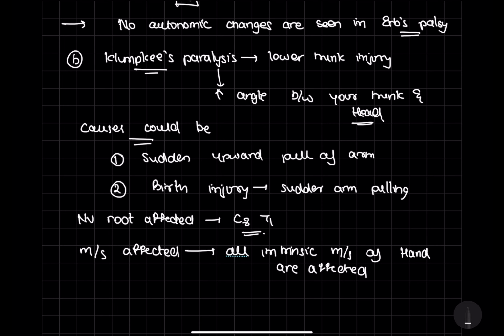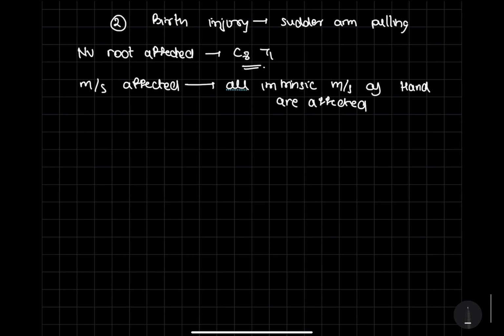Majorly C8 and T1 are affected, but sometimes we have also seen that C7 is also affected. So if you mention C7 in your answer, please write it in brackets and also write that it happens sometimes.